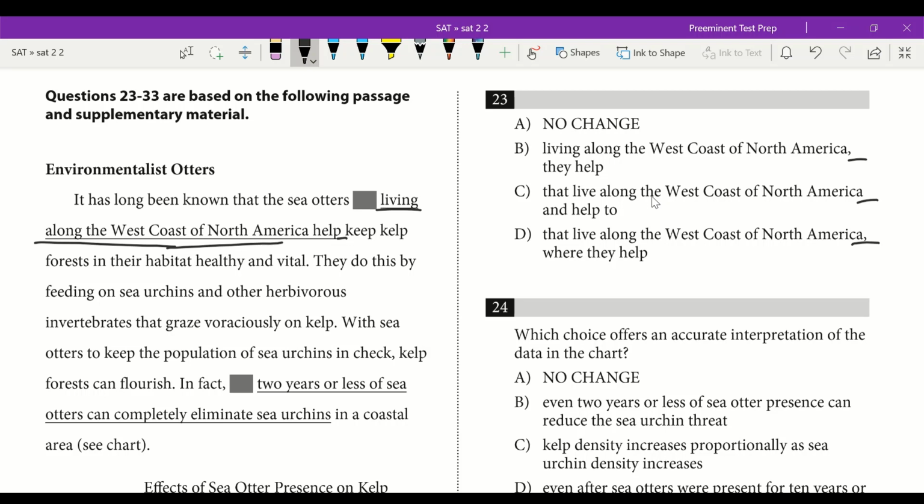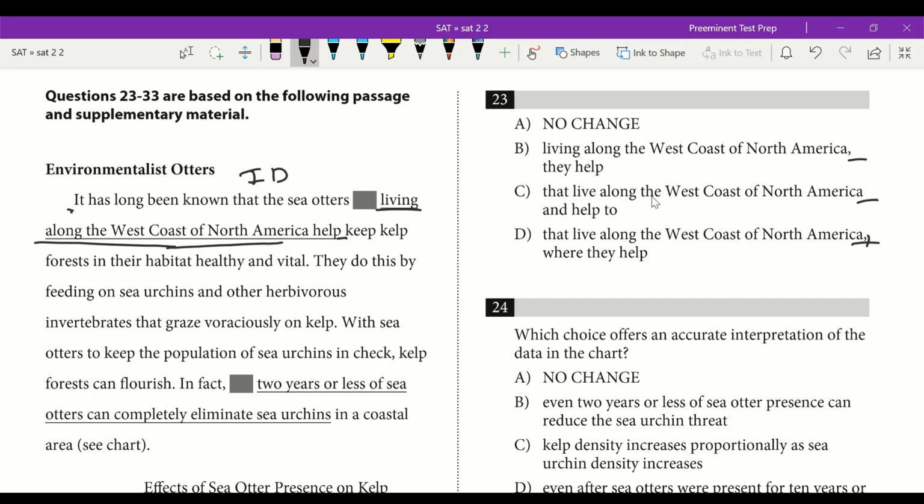It has long been known that the sea otters living along the west coast of North America help keep, well, if we put a comma after North America, why would we do that, right? There's no reason to. It's just unnecessary. Because then we'd have, it has long been known that sea otters living along the west coast of North America, and then a comma, where they help keep kelp forests in their habitat healthy and vital. Well, here's the problem with that then. We don't have an independent clause, right?